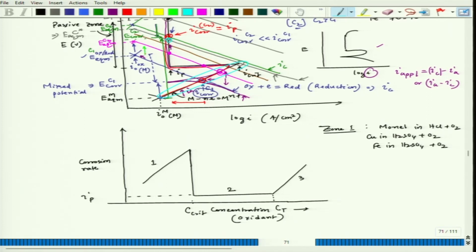So, then an increase in concentration would not have any effect. It will maintain I passive at a low corrosion rate. This particular case can be achieved for a material with a quick passivation ability. And once we have this, we can take the material out, again put it in the same medium without disturbing the surface, and it will maintain that low corrosion rate.